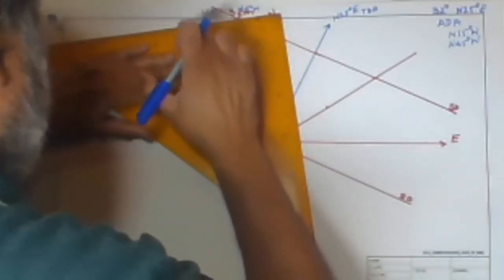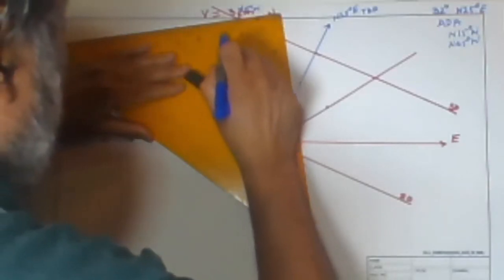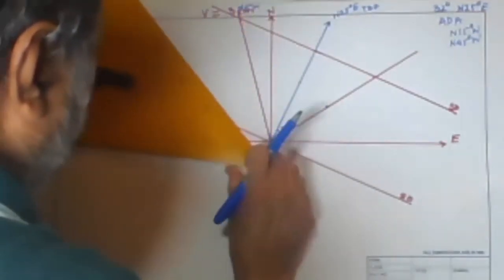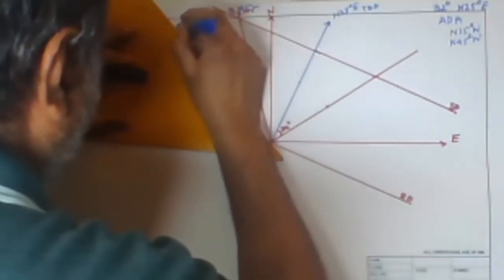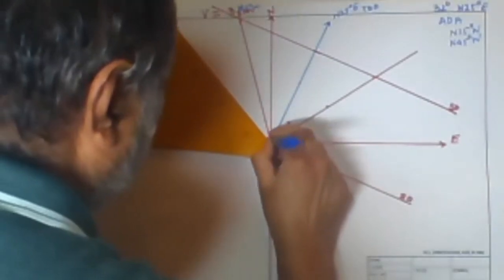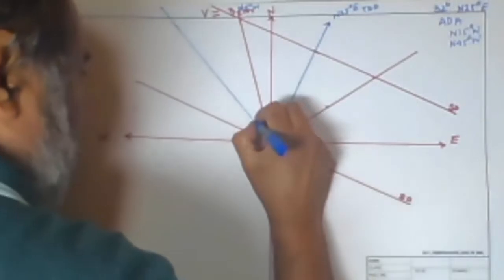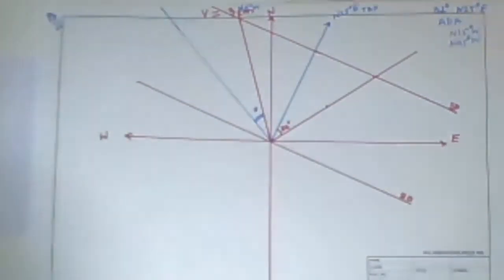One centimeter, 2 centimeter, 3 centimeter. Take again 1, 2 and 3. Now join these two to the center. And now this is your angle we have to find out. And this is the one.